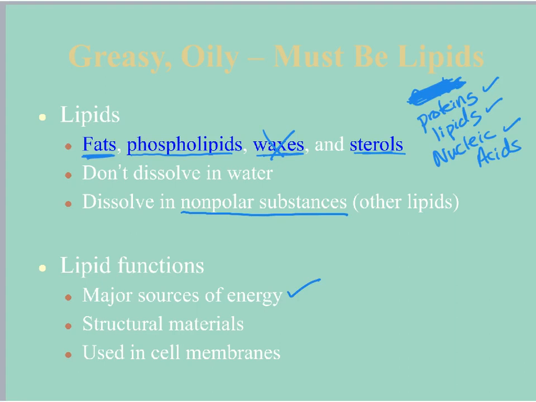Remember, carbohydrates, or more specifically, glucose, is the primary source of energy for your cells. That's the source of energy that your cells would prefer to use. But if glucose isn't present, your cells will begin to harvest the lipids and use those as a source of energy.